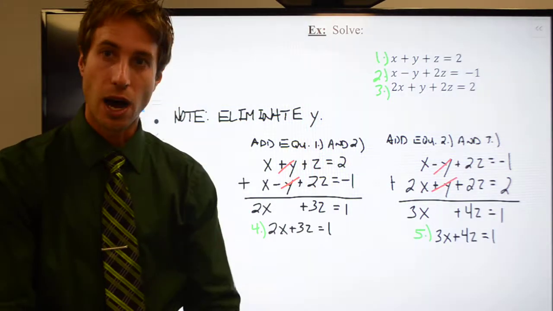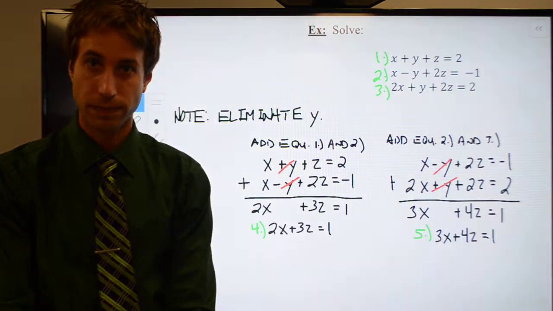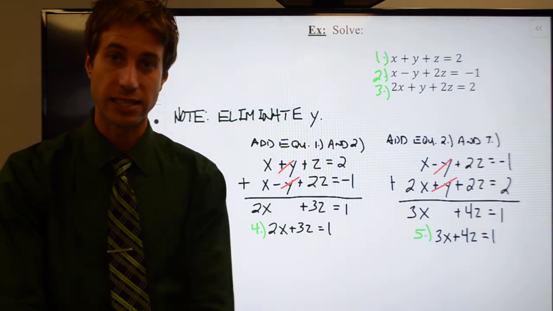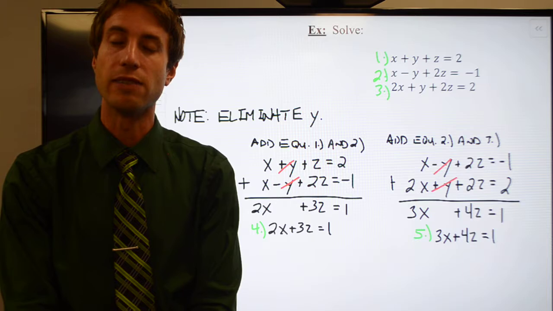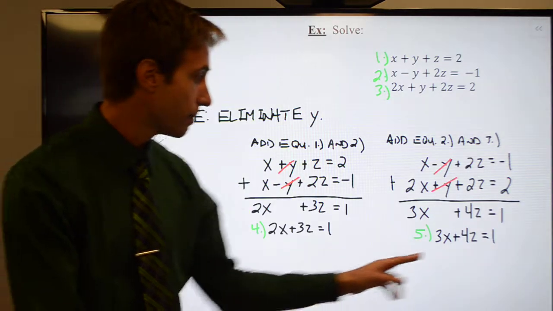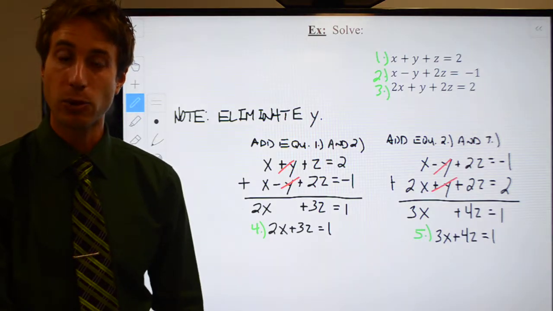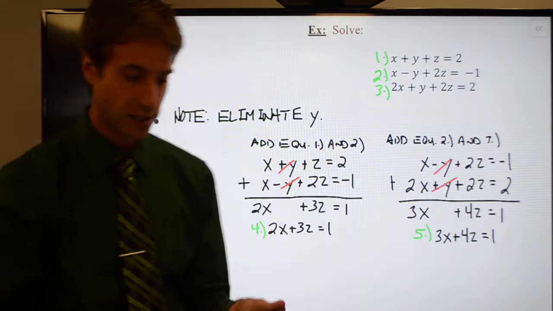I have 2 equations. I have 2 unknowns, x and z. We've done this, right? We're now going to proceed with this problem just like you would if you had a system of two equations. I'm going to use elimination to eliminate one of the variables and solve for the one that's left.